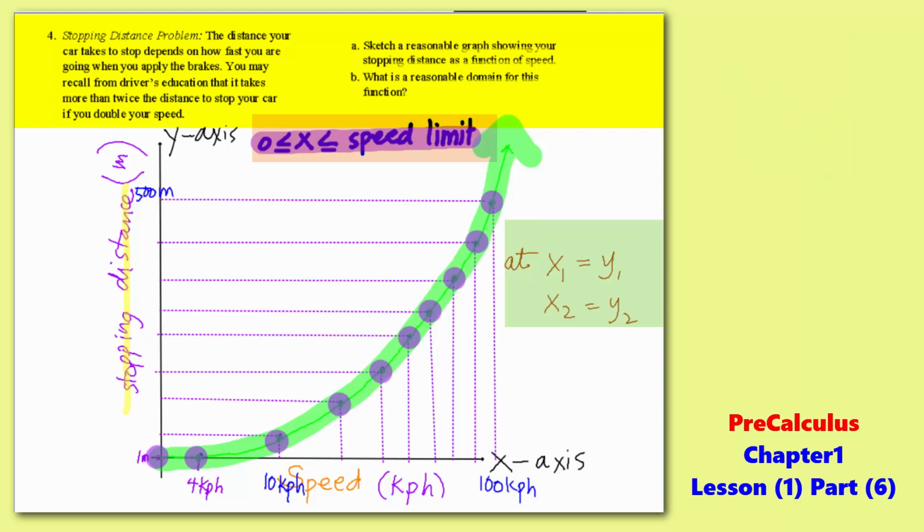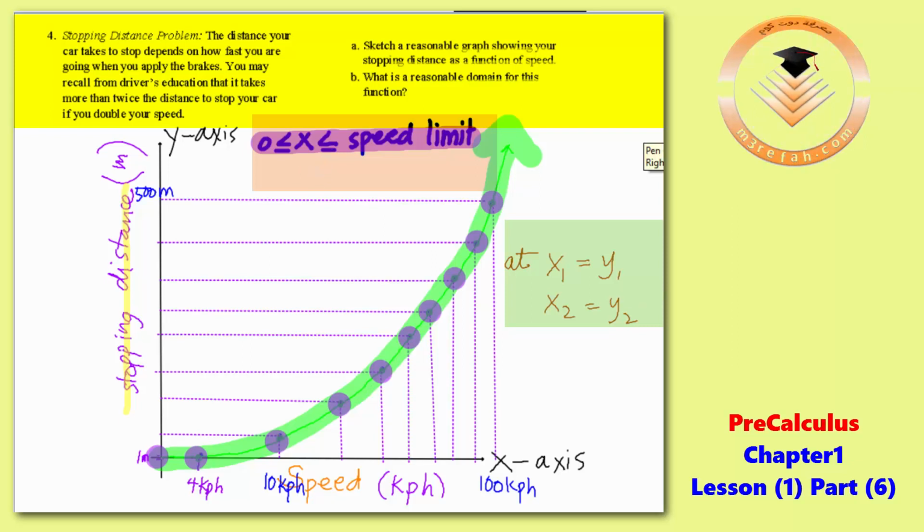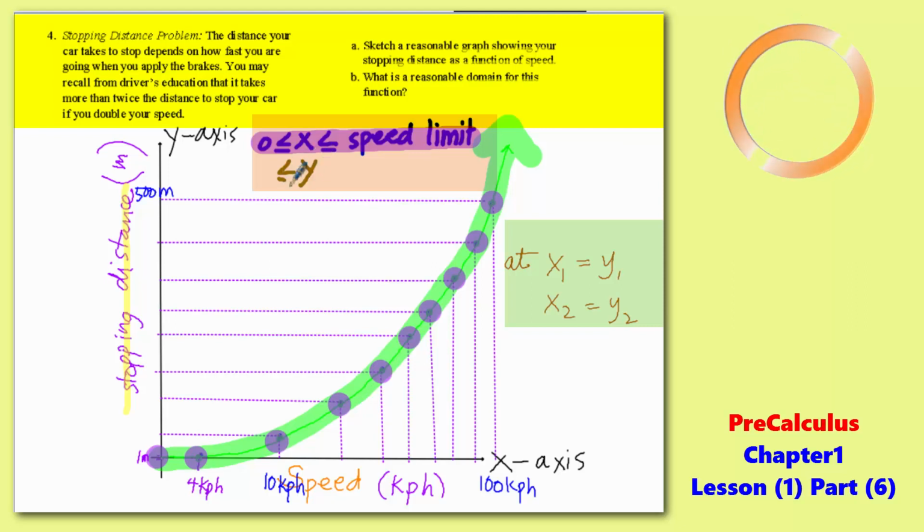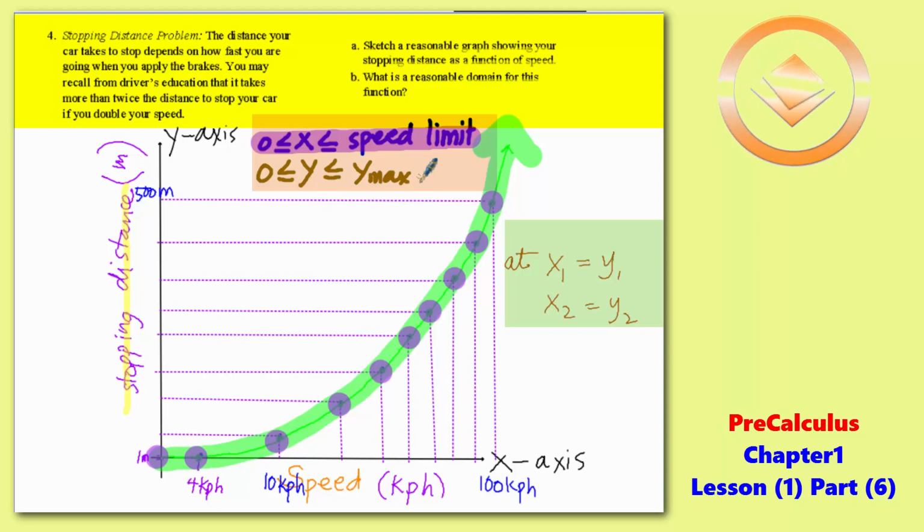Now for the range, our y would be greater than or equal to 0 but less than or equal to the value of the stopping distance, let's say y at the maximum speed limit.